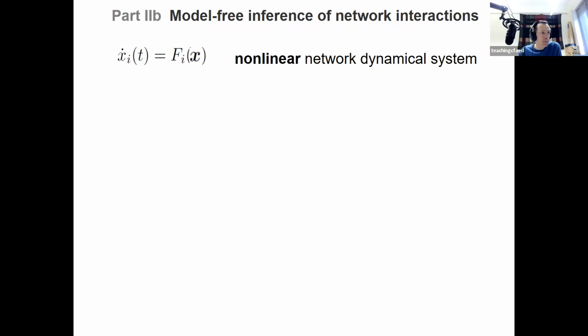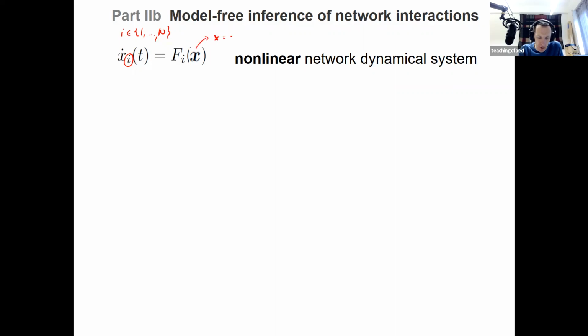And so in general, what we have is a dynamical system. We have n such equations for variables xi. And each of them has a rate of change given by some nonlinear function fi as a function of capital X, a vector.